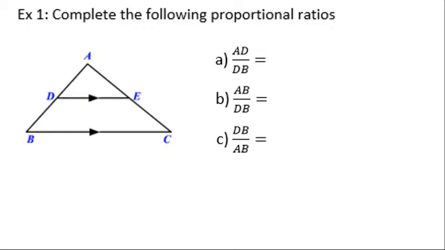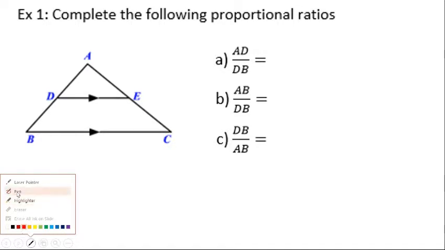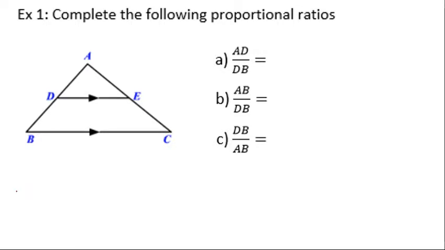So what we're looking for here is, look at the ratios already given. If you look up here where it says AD, this part of the triangle, think of this as the top part of it.